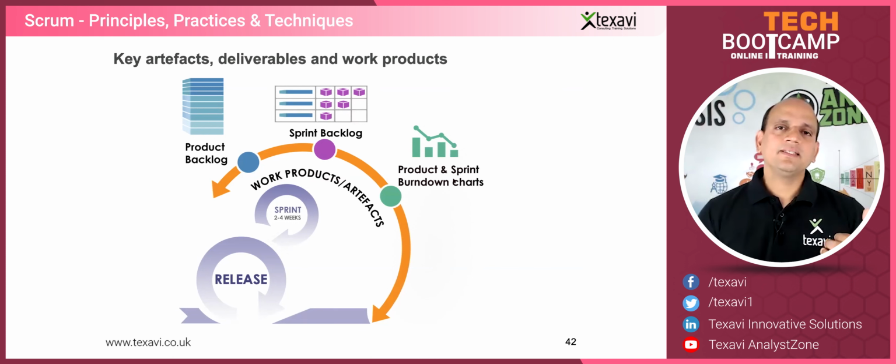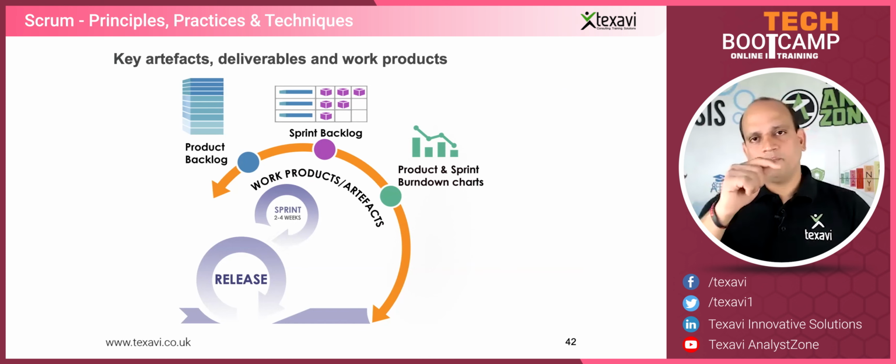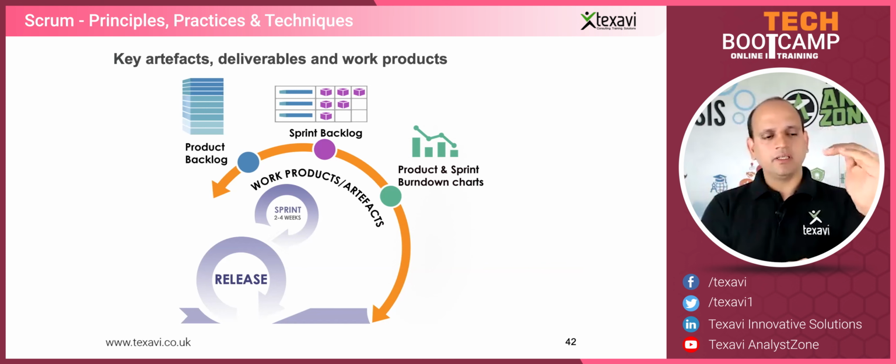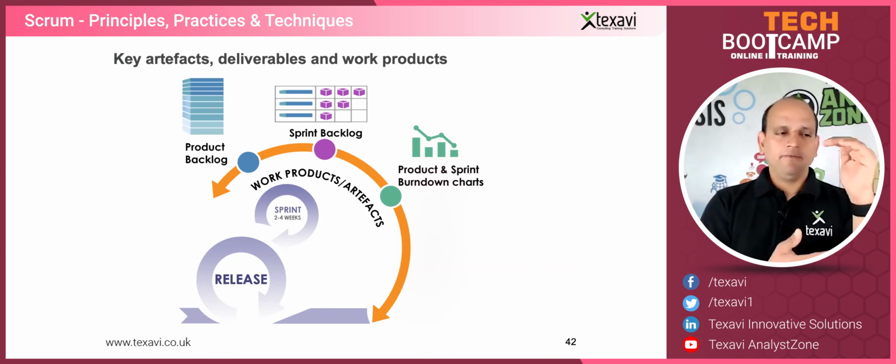It's not complex. The burn down chart tracks the total size of what was agreed upon and how we are doing on a daily basis, day by day. So you're burning down the effort. You start with, let's say, the amount of work that is required. Let's say we need to deliver 100 story points. On day one, let's say we finished 10 story points.